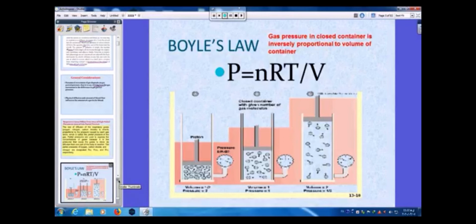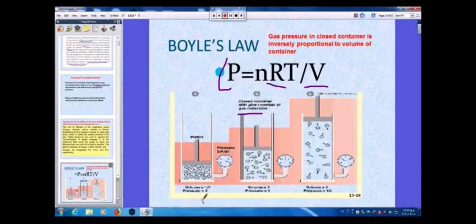According to Boyle's law, gas pressure in a closed container is inversely proportional to the volume of the container. We have this equation: P equals nRT over V. So P is inversely related to V. In this figure, you can see, for example, a closed container with a given number of gas molecules, okay?